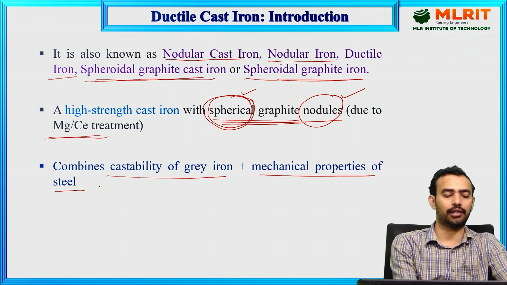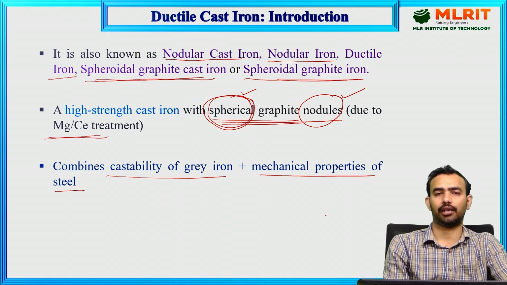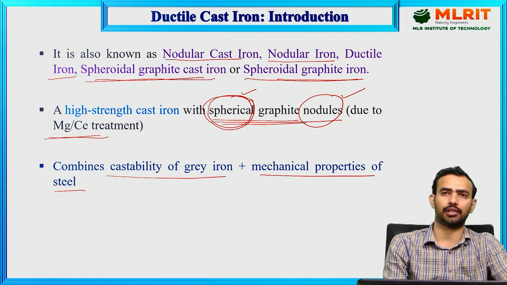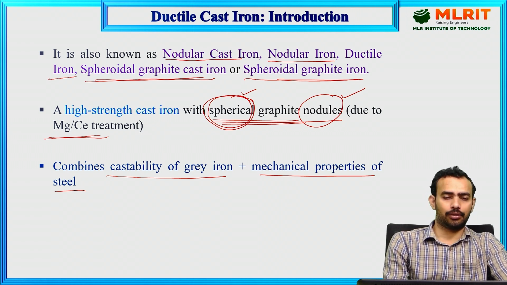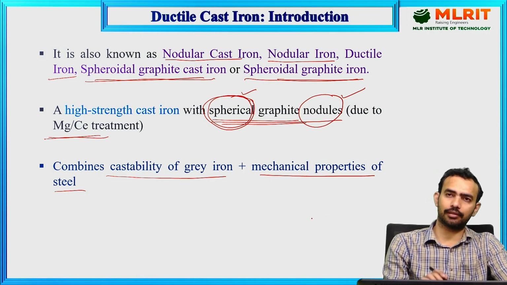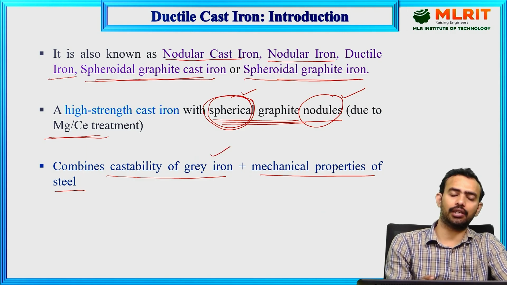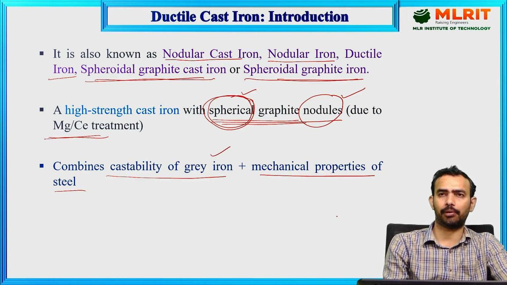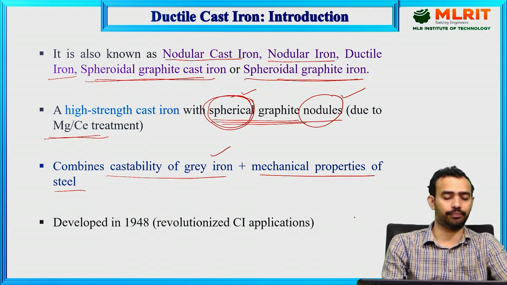We know that steel has excellent mechanical properties, because of which it is widely used in most engineering applications, particularly in the construction sector. This ductile cast iron combines both.